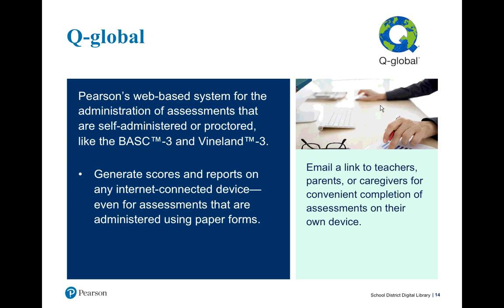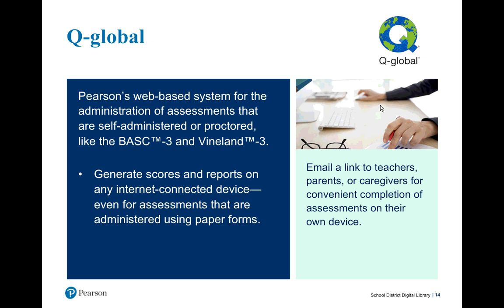Now, Q Global is a strictly web-based system for the administration of assessments that can be self-administered or proctored. So I wrote up here the BASC 3 and the Vineland 3. It's a scoring engine, among other things. It provides reports available on any internet-connected device.